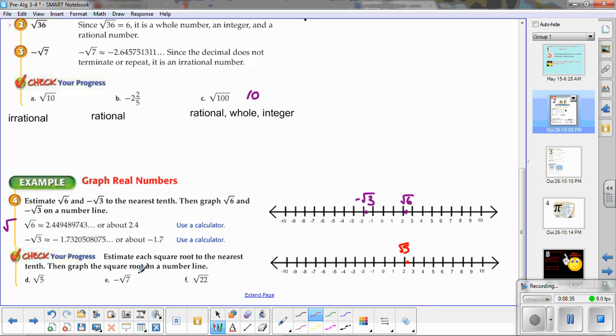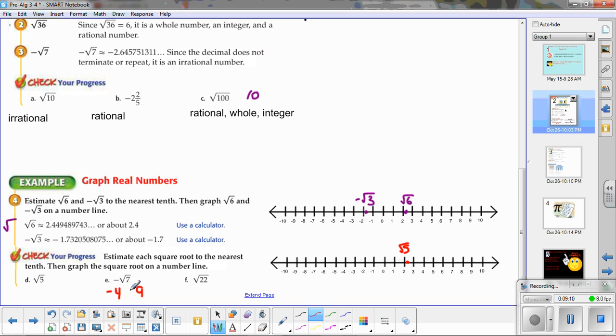Negative square root of 7. Well, square root of 7 is going to be less than 3, but more than 2, because the square root of 4 is 2 and the square root of 9 is 3.